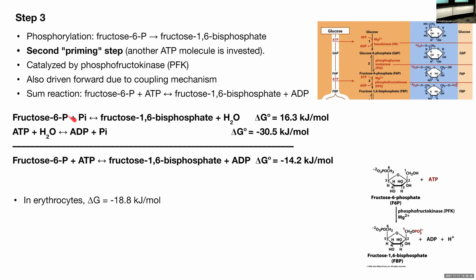Fructose 6-phosphate gets another phosphate at C1 to become fructose 1,6-bisphosphate, which has a positive delta G naught value. So it would not happen spontaneously, but it's coupled with ATP hydrolysis, which gives a lot of energy. So the net delta G is negative. So again, this is a spontaneous, favorable process. And in erythrocytes, which are red blood cells, the delta G value is pretty similar, but lower.